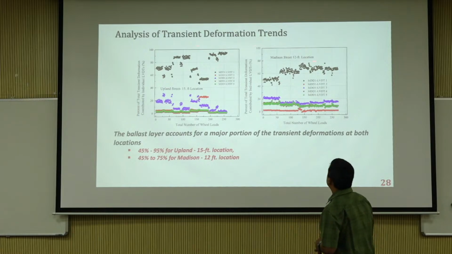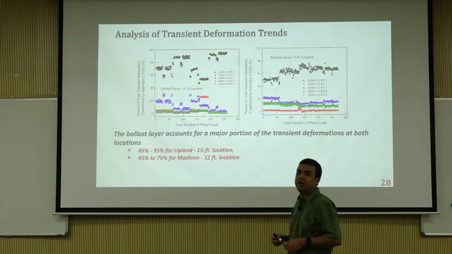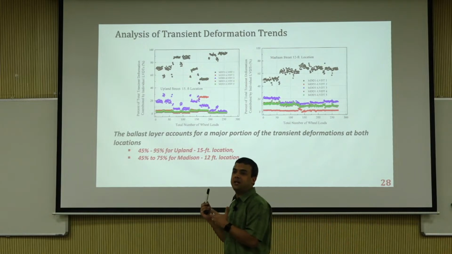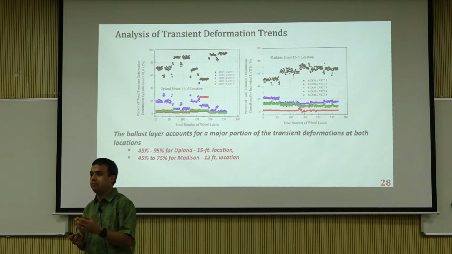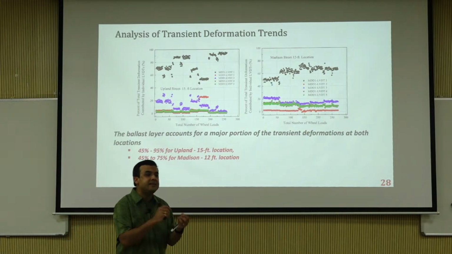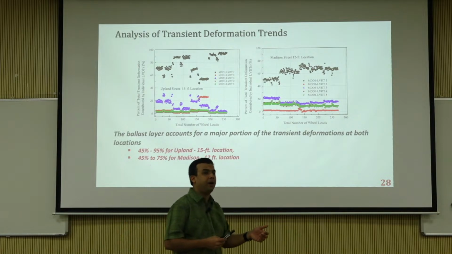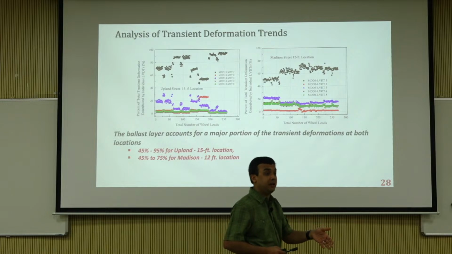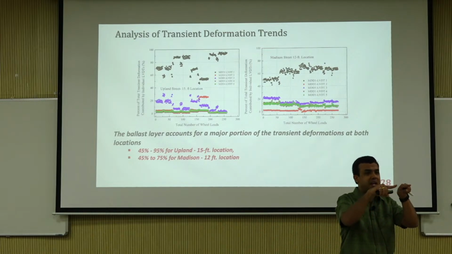So that's basically one of the findings, that the ballast is the source. The project was about how to identify where this bump is coming from. If you only measure the bump, or if you only measure rutting in a pavement, rutting is the surface manifestation.